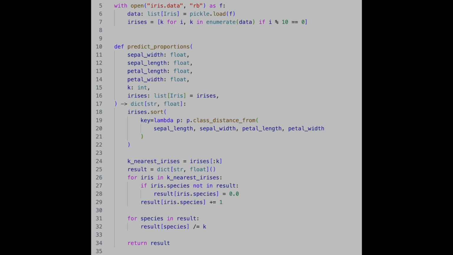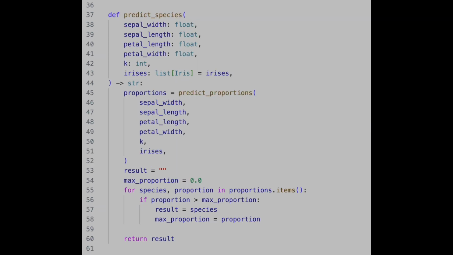The distance between the flowers is calculated using a distance function implemented in the class iris that considers the sepal and petal measurements. Once the data is sorted, we take the first k flowers that are nearest. For these k nearest neighbors, we count how many times each species appeared and then convert these counts into proportions. Finally, the species with the highest proportion is chosen as the predicted species.